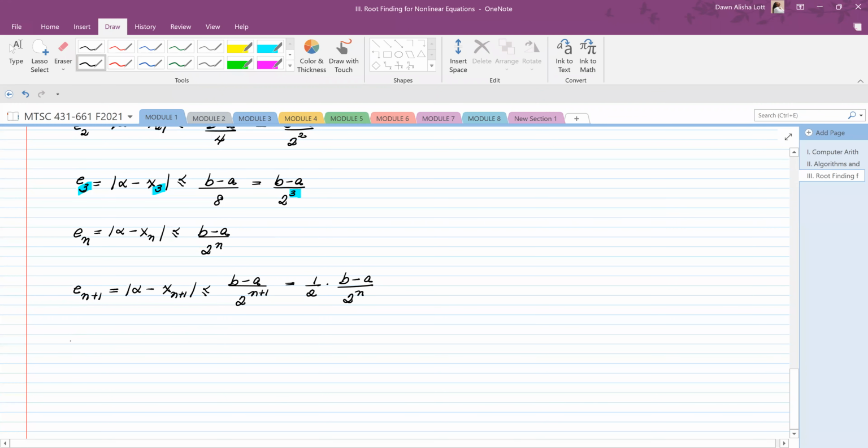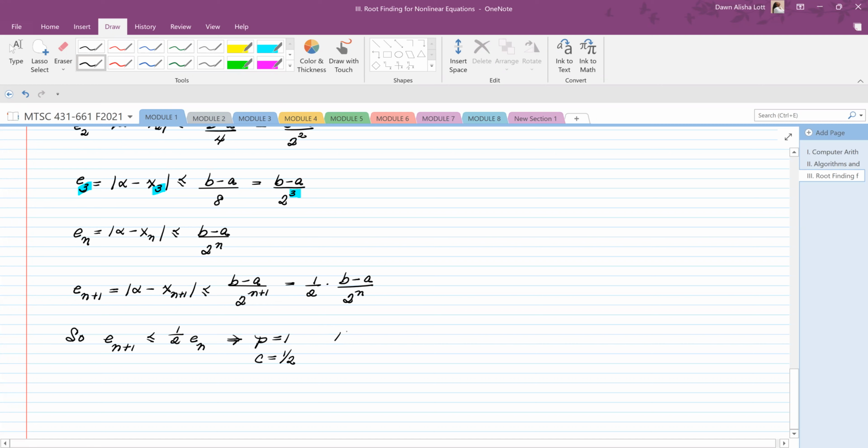So we get that E_{n+1} is less than or equal to 1/2 E_n. So that implies p is equal to 1, which is linear convergence, and C is equal to 1/2.